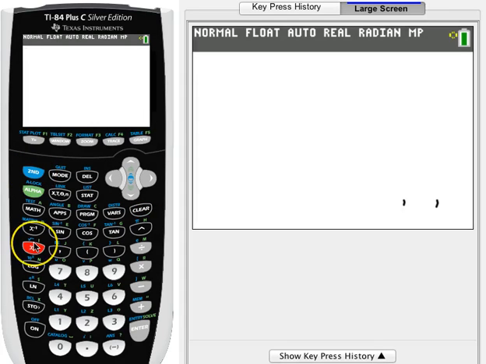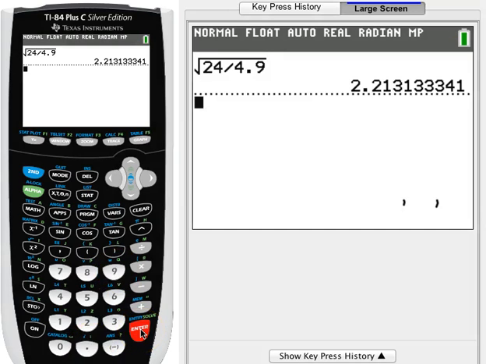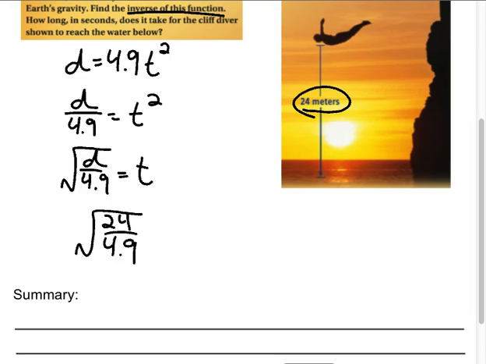So square root of 24 divided by 4.9. It's going to take this diver about 2.21 seconds. And again, that's just real world situations. You're not swapping the variables, you're just getting the variable alone.